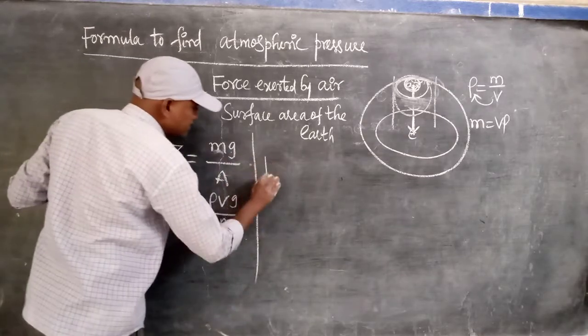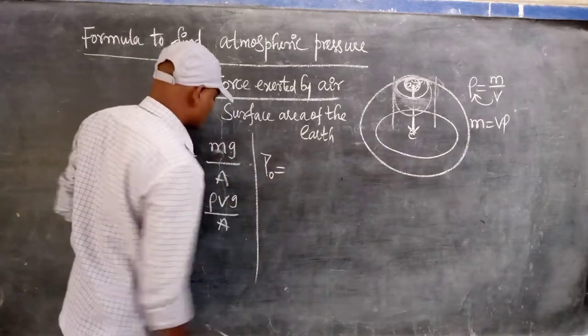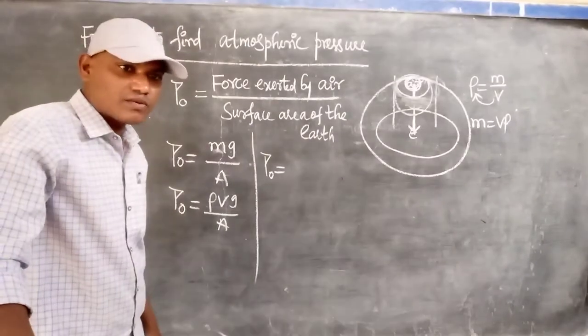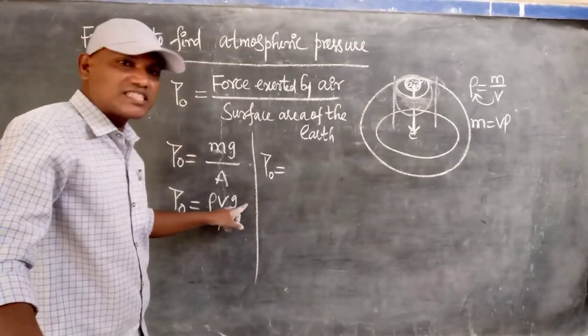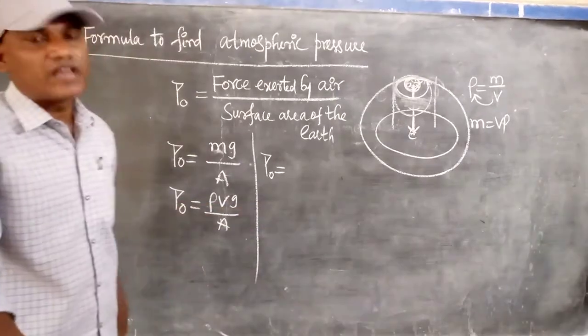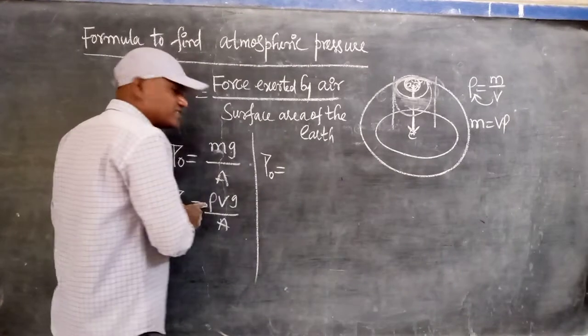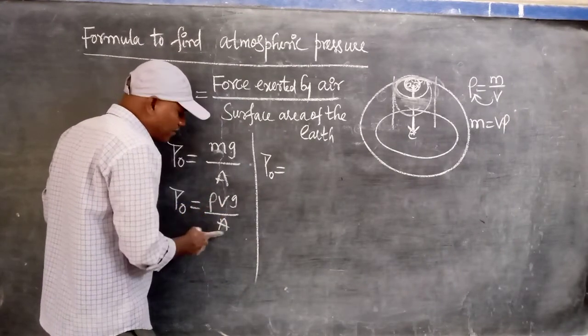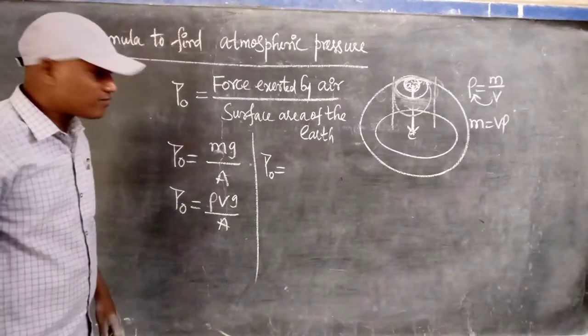That is one. Next, P naught is equal to, what is meant by volume? Volume of the earth is nothing but area of the earth into height of the earth. That's why rho is the density of the earth, V the volume of the earth, G the acceleration due to gravity, upon A the surface area of the earth.